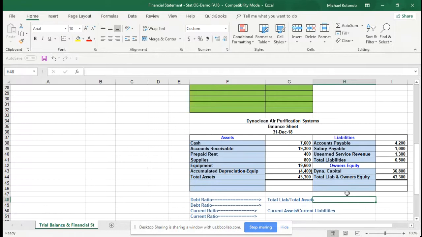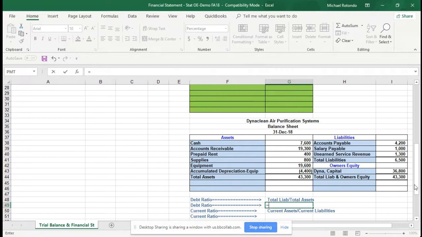Okay, but it gives people looking at the balance sheet a good idea of how well we're managing our debt. Okay, what percentage of our assets is financed with debt? So if we take our total liabilities divided by our total assets, we get 15%. Not bad at all, very low. The average for American companies is around 50%.